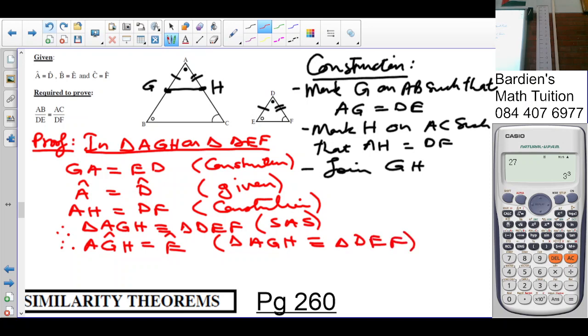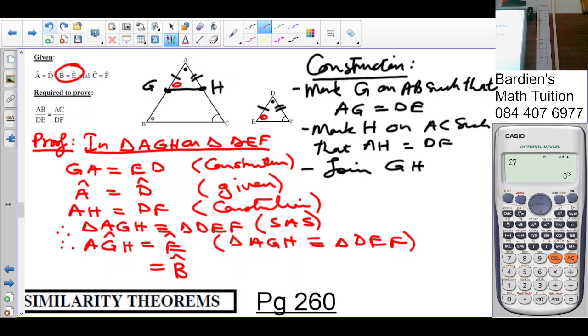Okay, so this angle here is equal to that angle. But this angle here is also equal to which angle now? Angle B. Why? Because it's given that angle E is equal to angle B. So if angle AGH is equal to angle E, then AGH has to be equal to B as well.